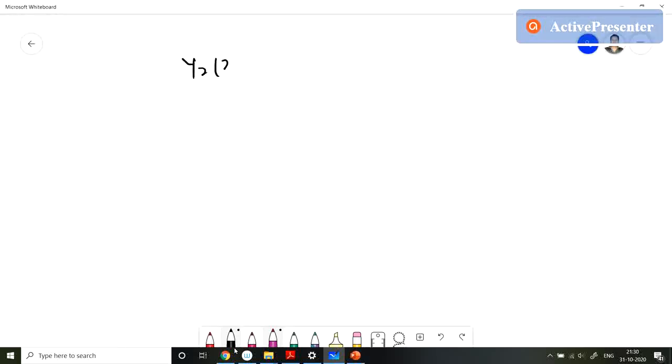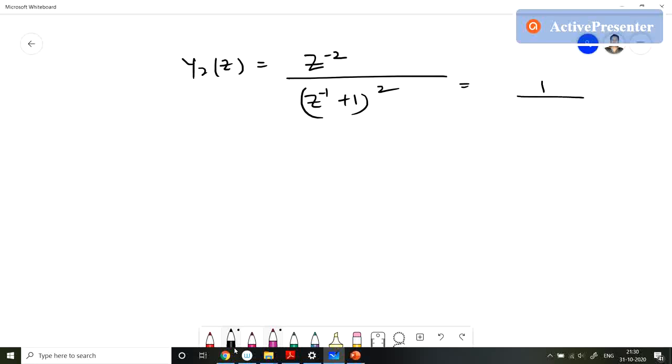So Y2(z) is equal to z raised to the power minus 2 divided by z raised to the power minus 1 plus 1 whole square. This is Y2(z). Now we can further write it as 1 divided by z plus 1 whole square.